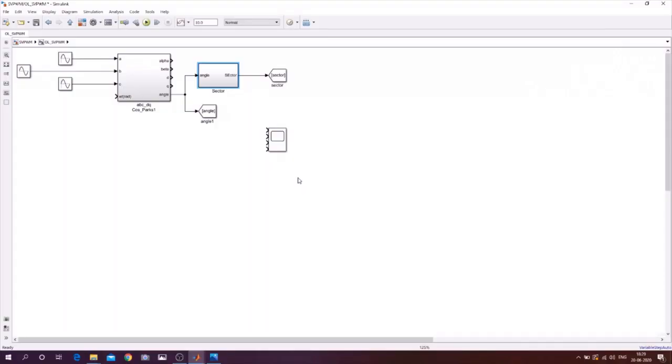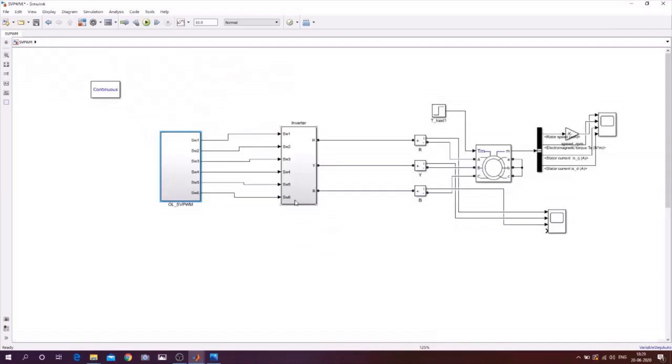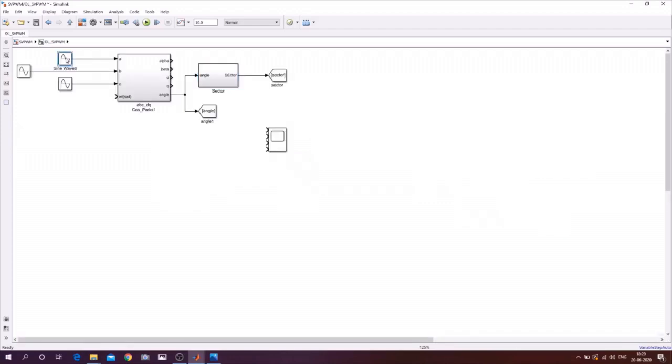In this section we will assemble and then run the program. Okay, so this was the original program, where we have an induction motor, an inverter, and the open loop SVPWM. Okay, so we have taken 3 sine waves. So let us check now.